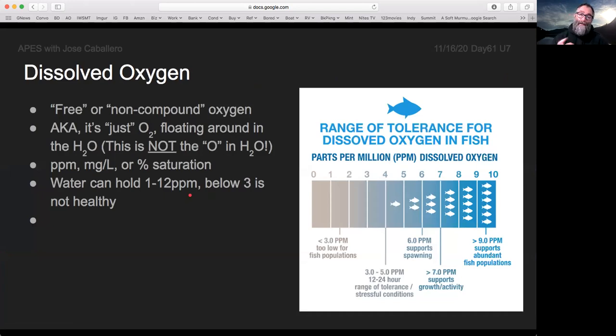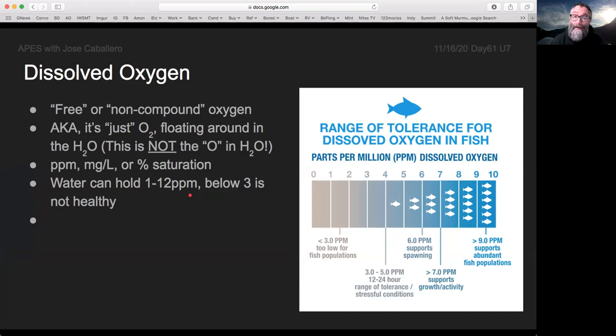First of all, there's a couple of terms you may want to know. This is what we call free oxygen or non-compound oxygen. In other words, it's just O2. Fixed oxygen is clumped into something else that's stable, or compound oxygen is in other things that could dissolve into water.